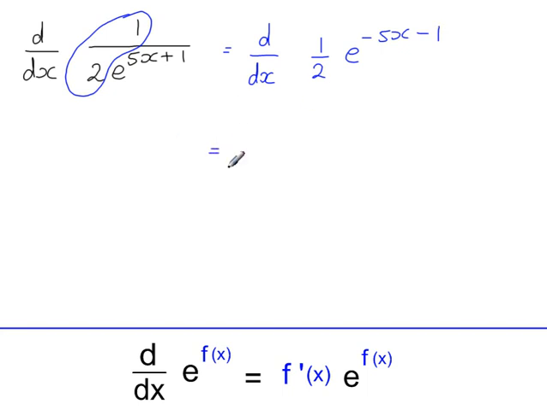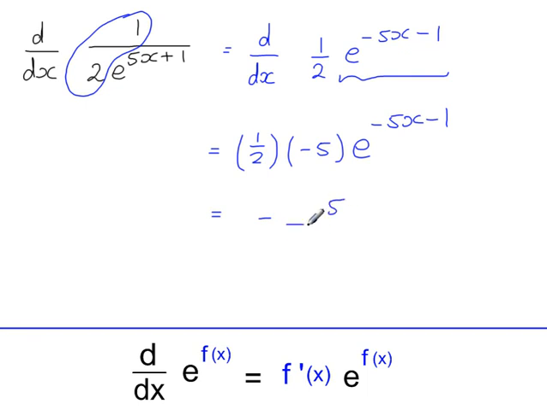So we've got the half times the derivative of the minus 5x minus 1, so that's just minus 5, times the original function there, which is e to the power of minus 5x minus 1. And we can rewrite all of this as minus 5 over 2 e to the power of 5x plus 1.